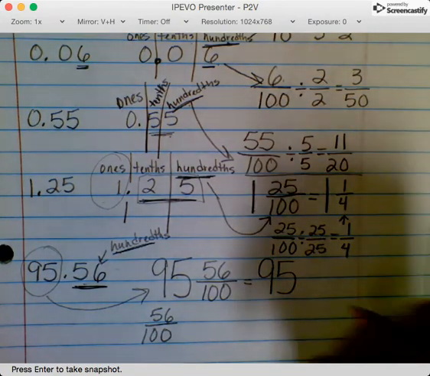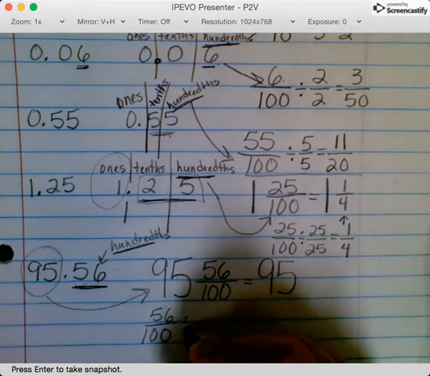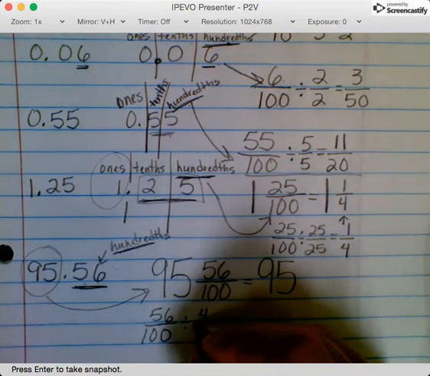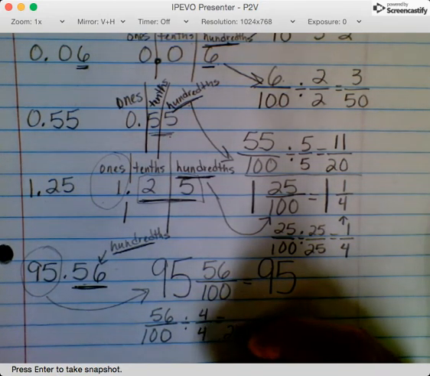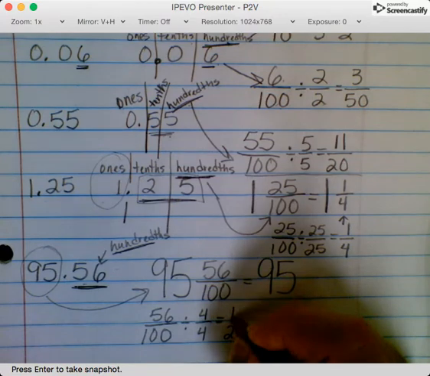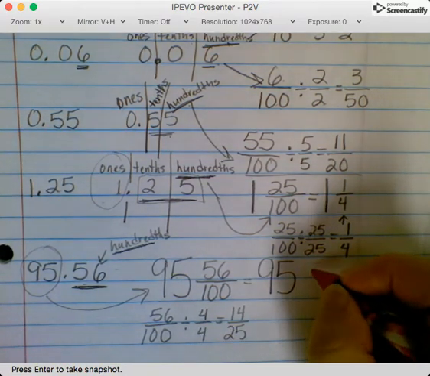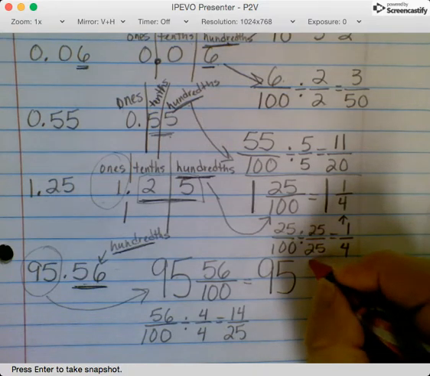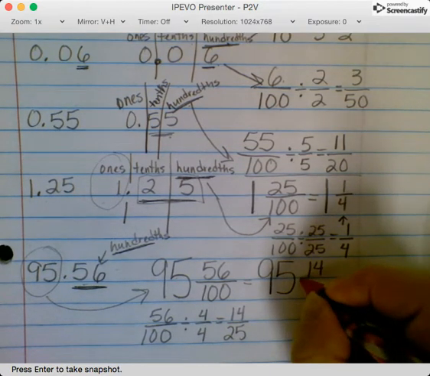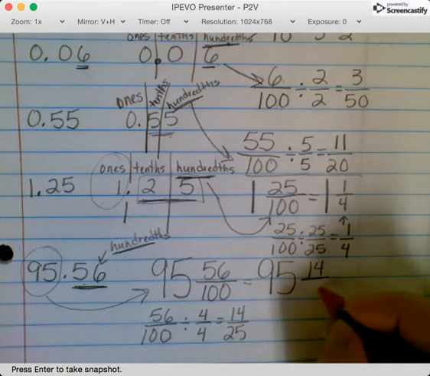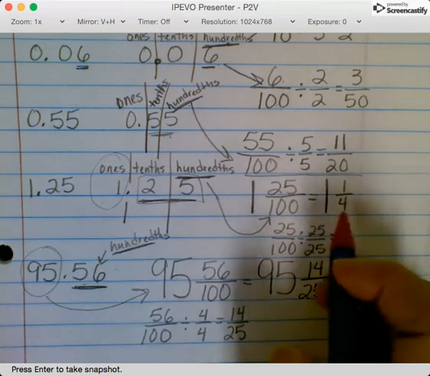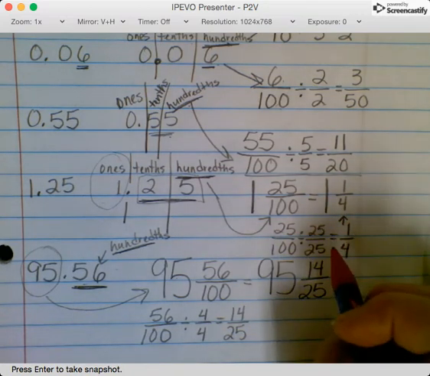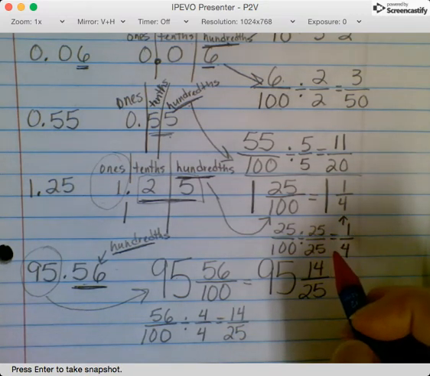I can divide both of those by 4. So I get 14/25. So then I would end up with 95 and 14/25 for that question. Okay.